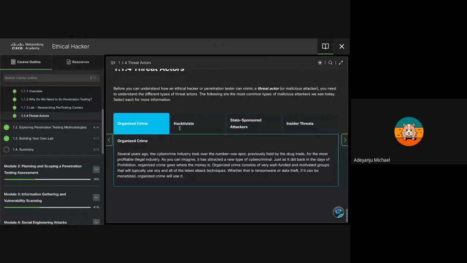Now, what do you have to say about threat actors? And this is a question to everybody. Who are threat actors, and what do you have to say about them? Okay, Declan. I would say threat actors are basically anybody or people that are likely to take advantage of vulnerabilities in networks.